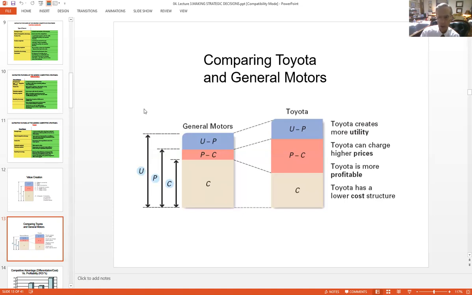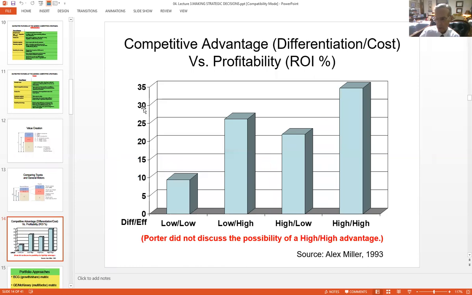So don't try to equate this diagram to today's conditions. Things have changed a lot since this diagram was drawn. But you can see that if a company can add more value than its competitors, it may be able to charge a higher price. And if it's also efficient, like Toyota was, its costs might be lower, and it would thereby enjoy a higher profit margin.